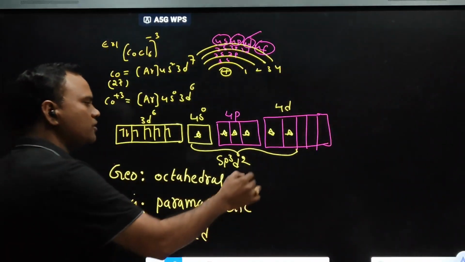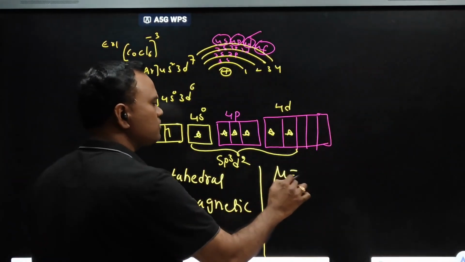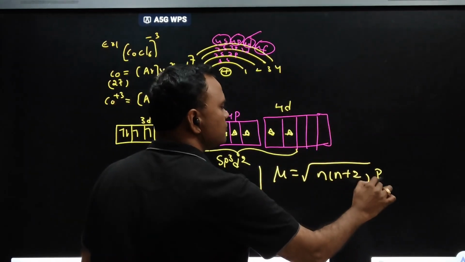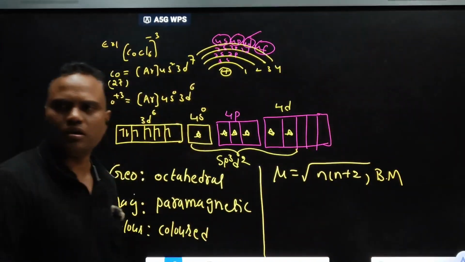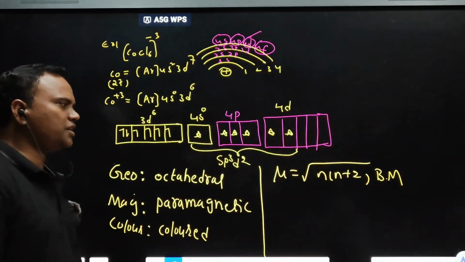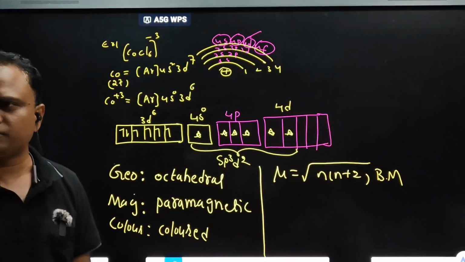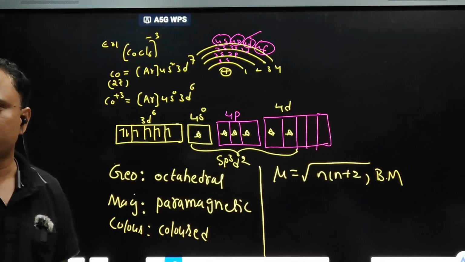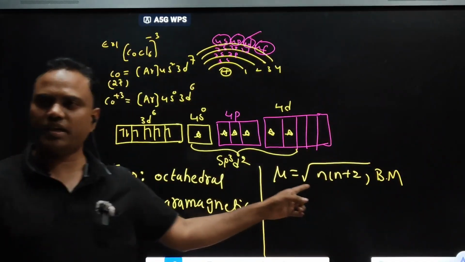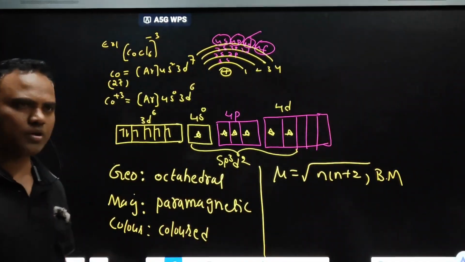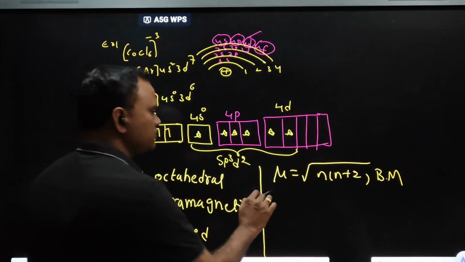Magnetic moment value, spin only magnetic moment value, mu is equal to root over n into n plus 2 Bohr magnetons. What is n here? Yesterday I explained this. n is 4, the number of unpaired electrons.